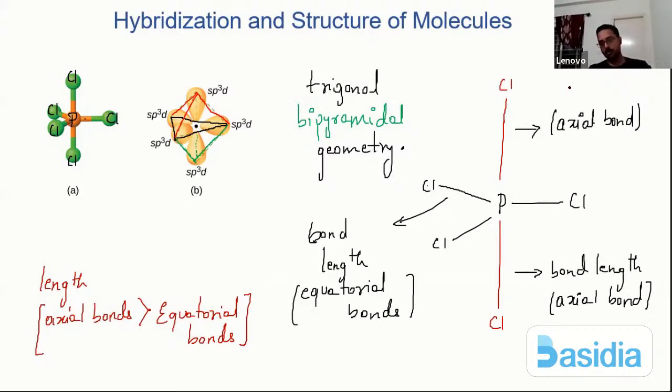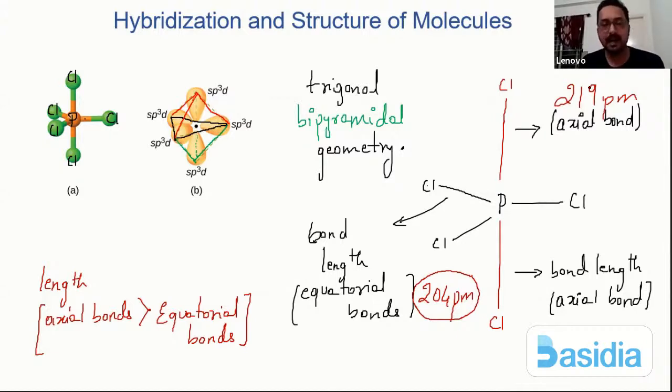Normally the axial bonds are, in this case, 209 picometer. So 219, not 209, it is 219 picometer. So you can make a point there. 219 picometer. And when it comes to the equatorial bonds, it is around 204 picometer. So here it is 219 picometer.